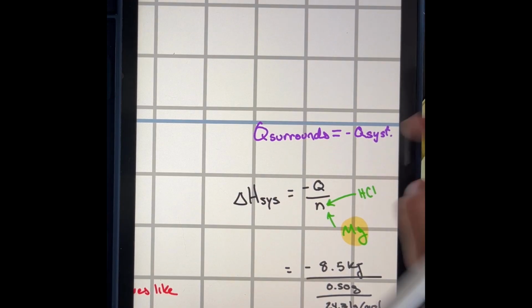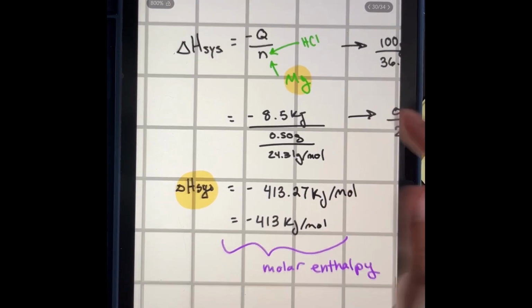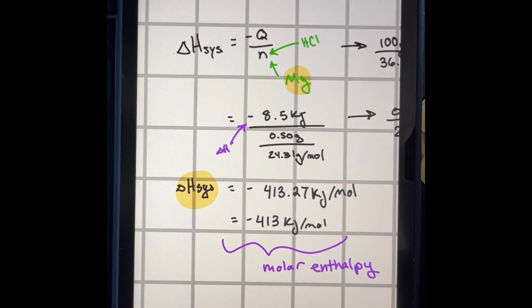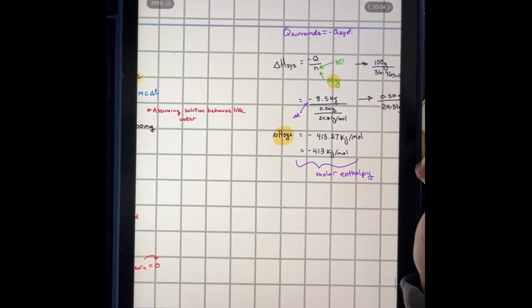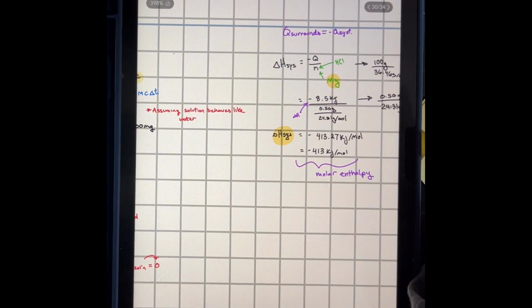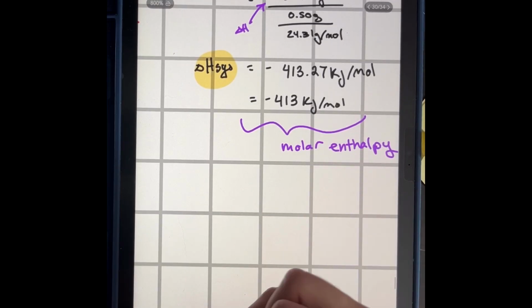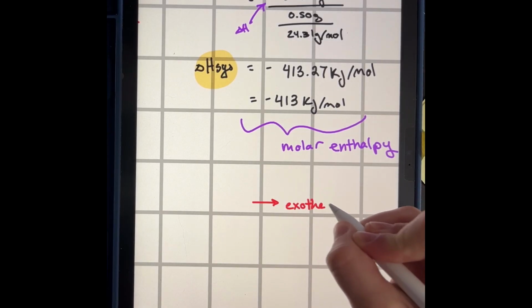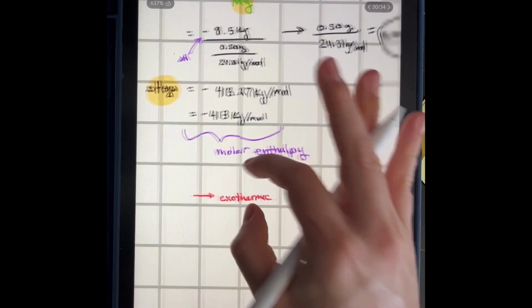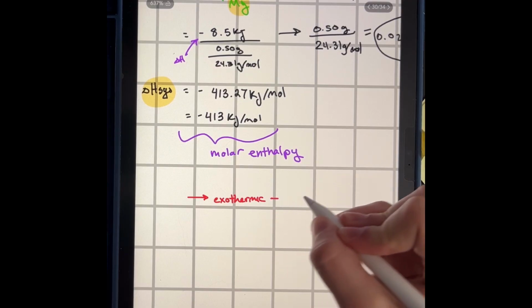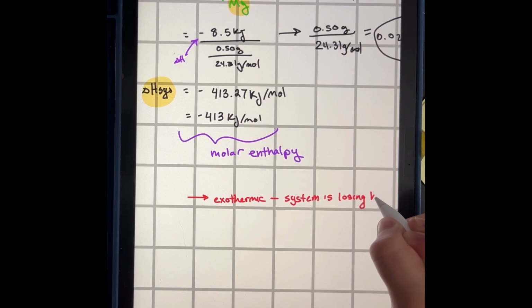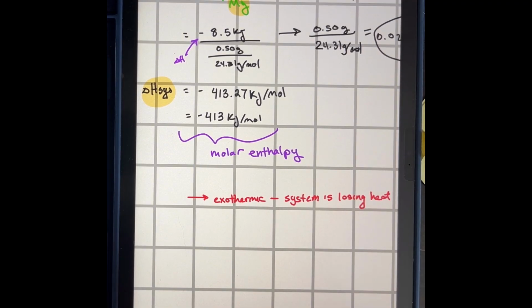So it would be negative 8 point. Okay, so this is our enthalpy change, technically. So it would be an exothermic reaction because we have a negative, because our system is losing heat. And what would that look like on a graph?